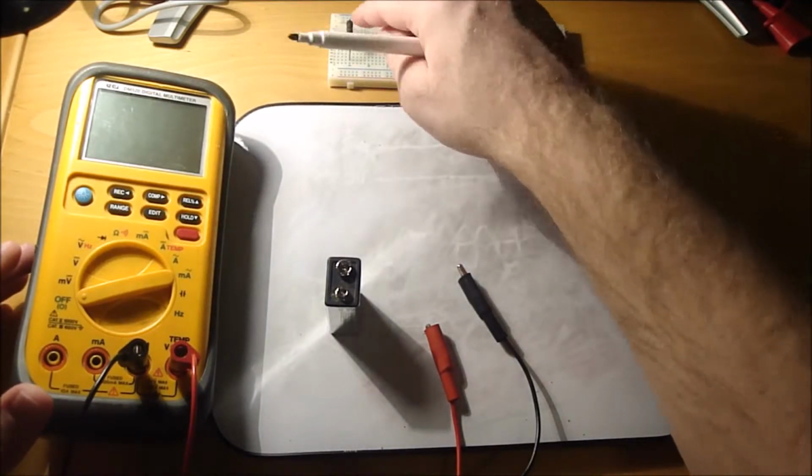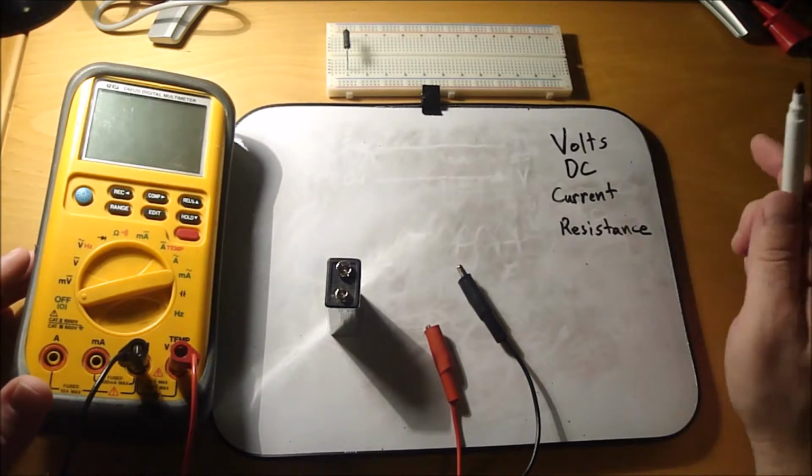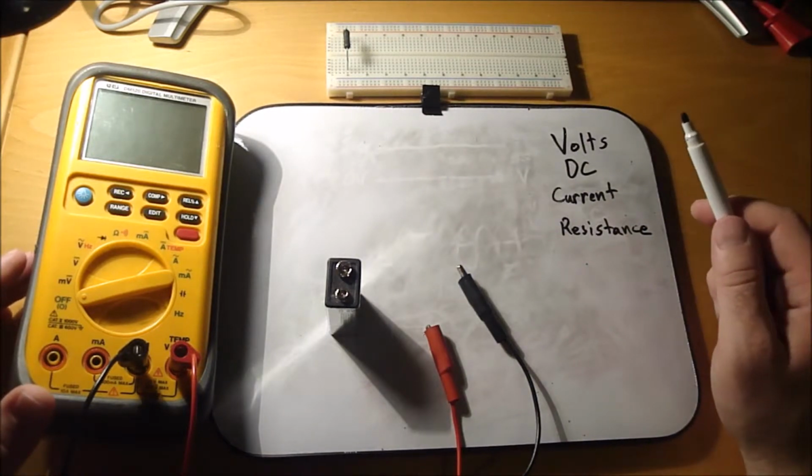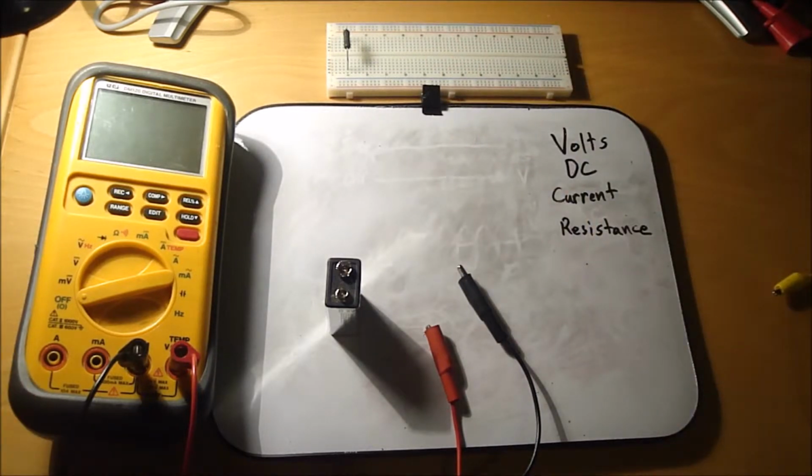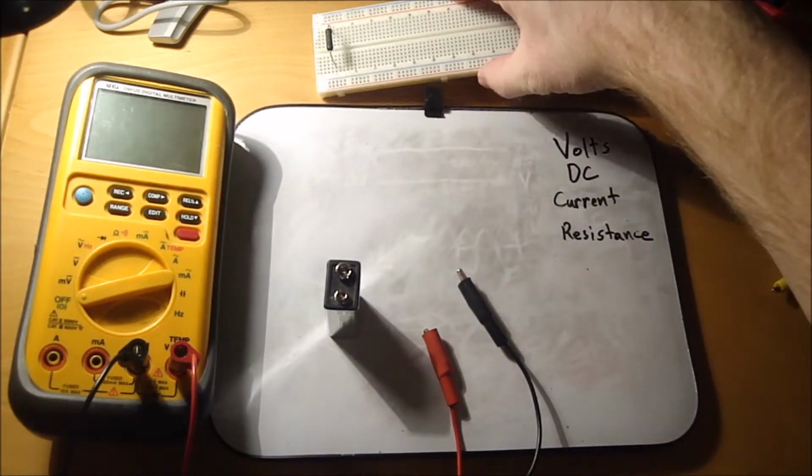So basically a resistor. I got a resistor right here on my breadboard. It's a 1000 ohm resistor. It's all black, but I know it's 1000 ohms because it's just marked that.